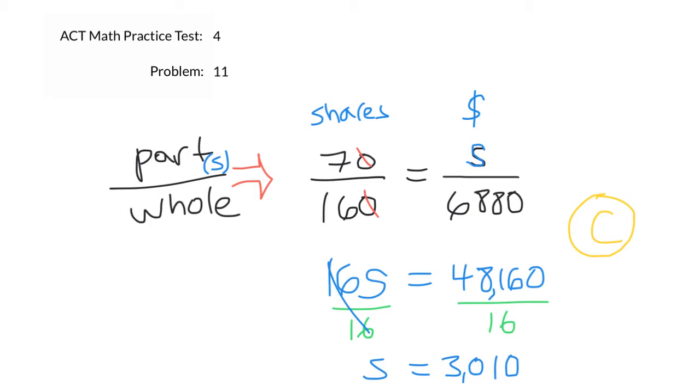So this is sort of a way of cutting to the chase. However, in the absence of feeling confident with this kind of proportional, fraction over here equals a fraction over there, you could have done that. You could have found out how much each share is worth, and then just simply multiply that by 70, and then you get the same number.